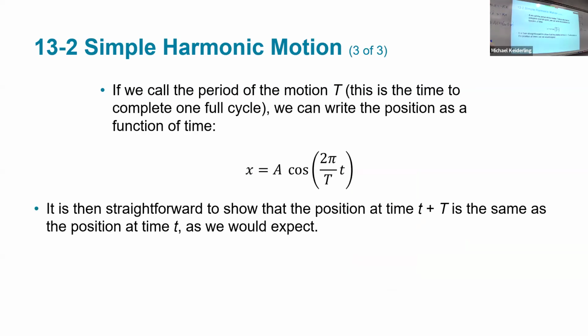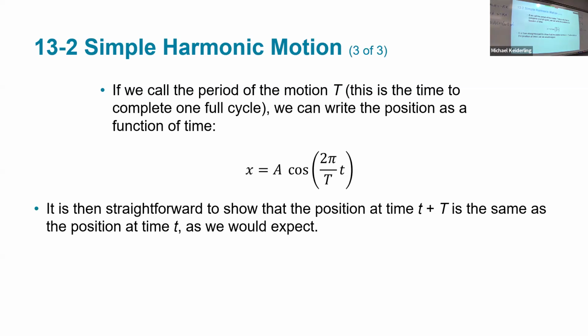If we call the period of motion T, you could write omega as 2 pi over the period, the time to make one cycle. So we write the position as a function of time as A, some amplitude, times the cosine of 2 pi over the period times t.